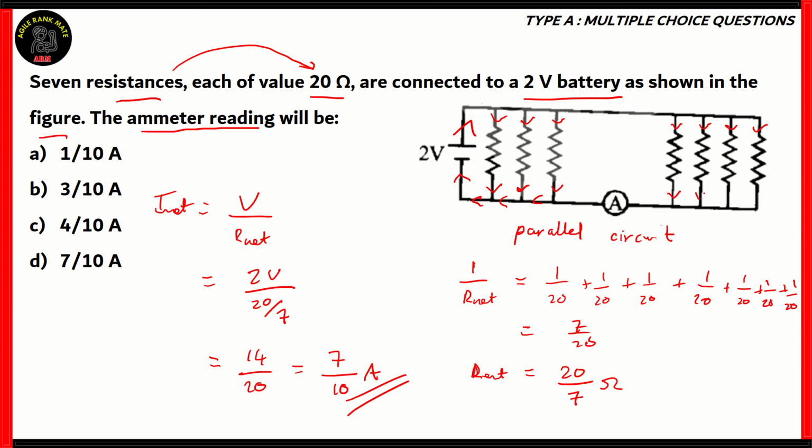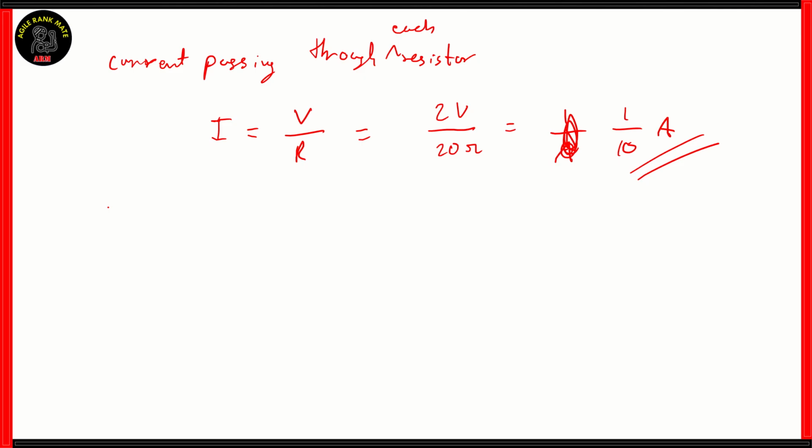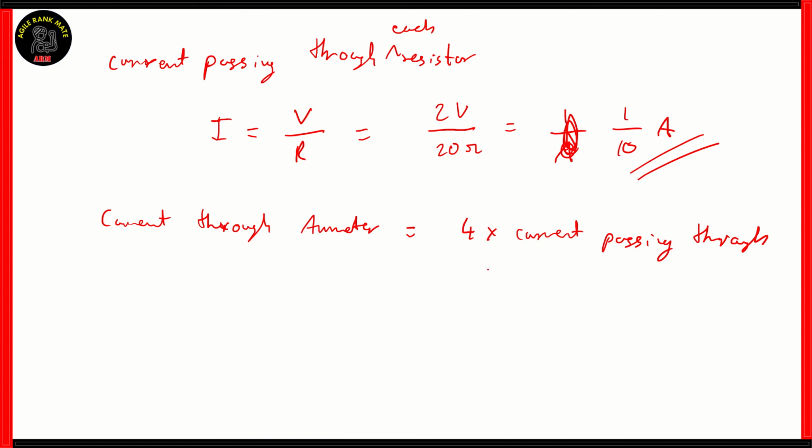However, the other 4 resistors that are to the right of the ammeter will have to pass their current through the ammeter before taking it back to the negative terminal. So basically, if you look at it, the current passing through the ammeter will be 4 times the current passing through a resistor.